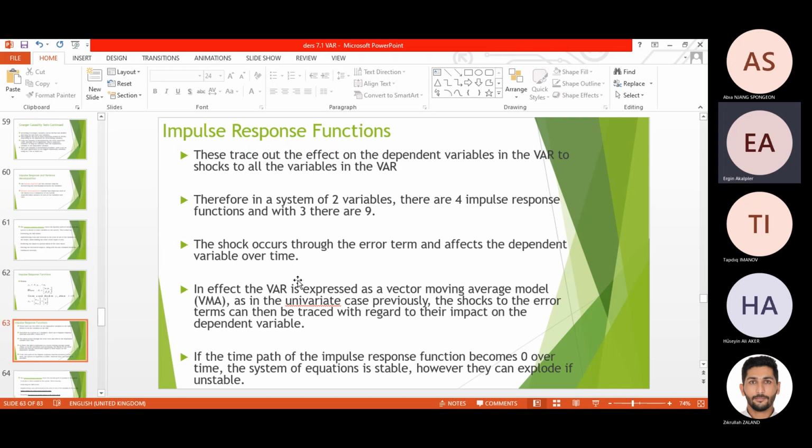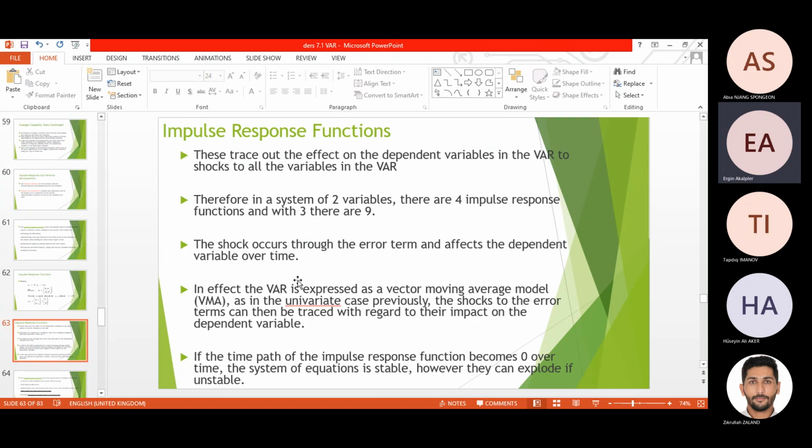I have here another example I will give you. The impulse response also traces out the effect on the dependent variable in the VAR of a shock to all the variables in the VAR. Therefore, in a system of two variables, there are 4 impulse response functions, and with 3, there are 9. The shock occurs through the error term and affects the dependent variable over time.